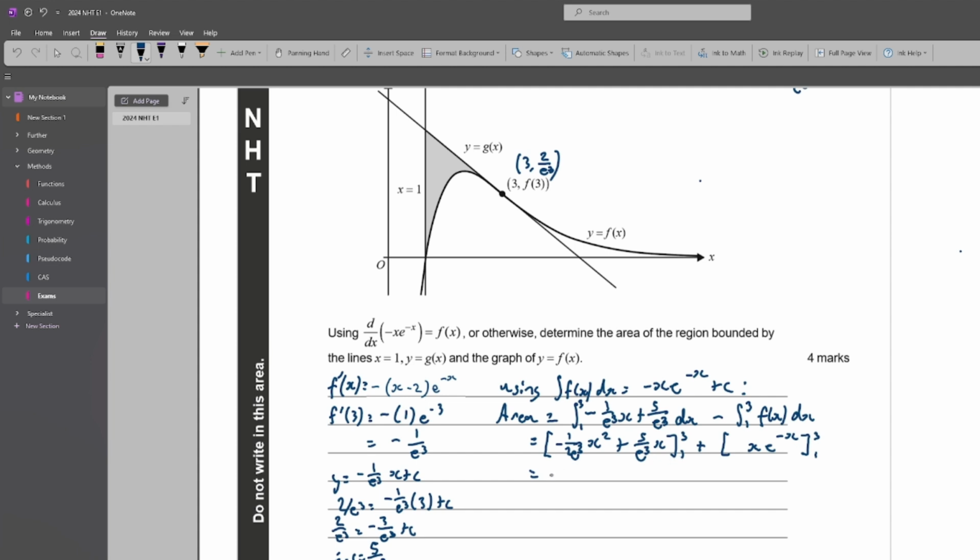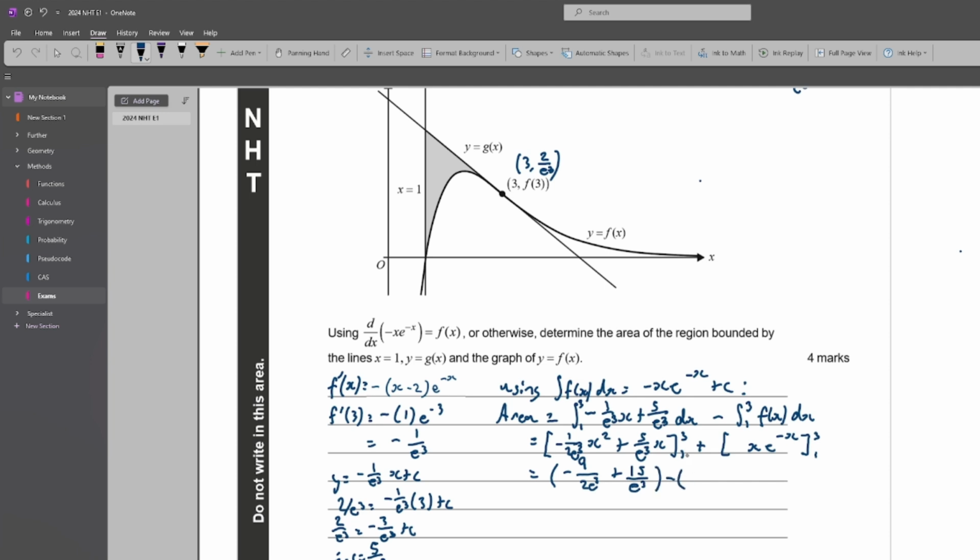Subbing in 3 and then 1. So subbing in 3 here, 3 squared is 9, so let's make that 9. And then 3 here, 5 times 3 is 15 over e cubed. Looks like we might have to find a lowest common denominator in a sec.